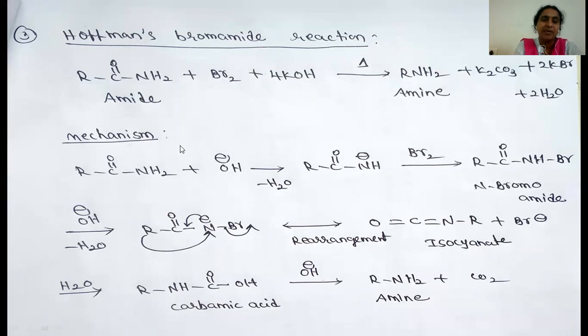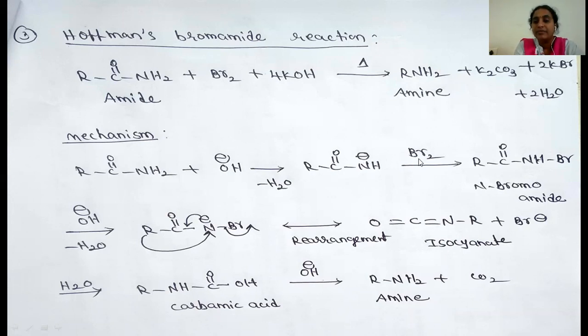Coming to the mechanism of this Hofmann bromamide reaction, amide reacts with the base, that is OH minus. Here this OH minus takes H from NH2 and liberates as a water molecule. The nitrogen liberates an H plus, hence the nitrogen will get the minus charge.